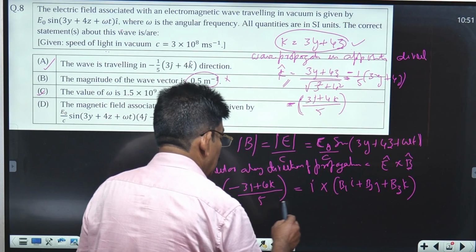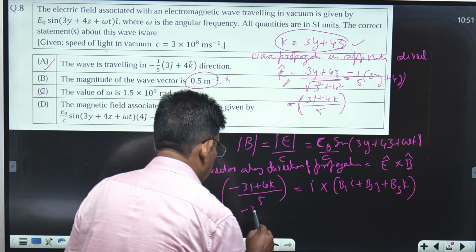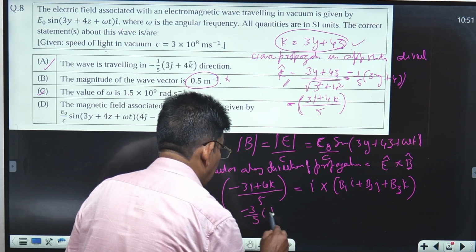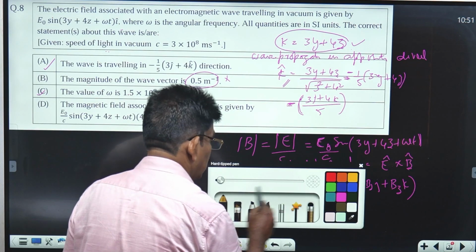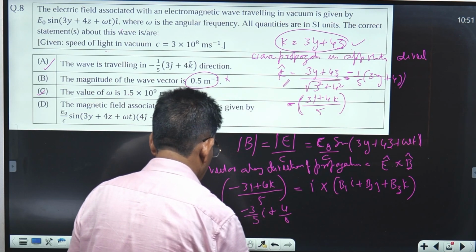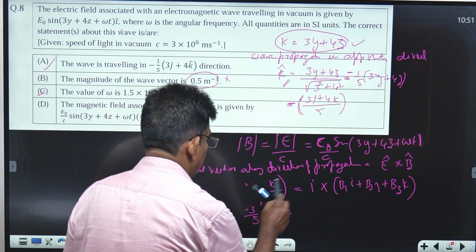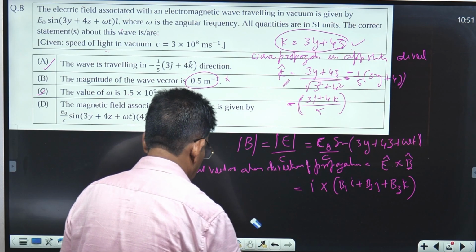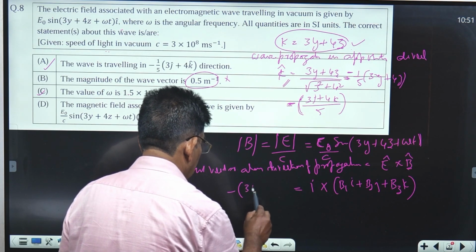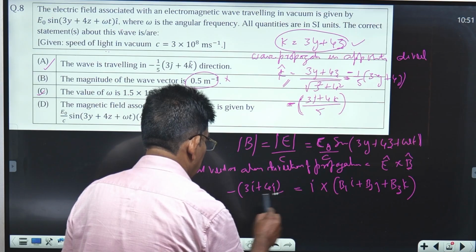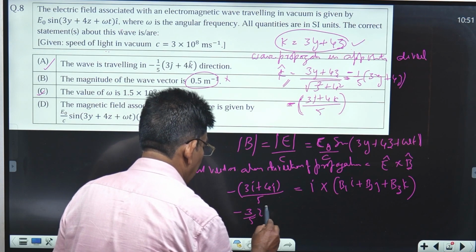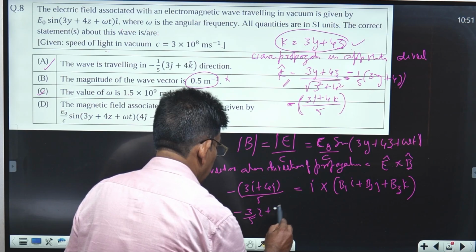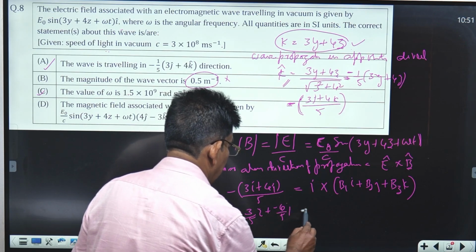Listen, we are getting minus 3 by 5i plus... minus is applicable for both the terms, minus is coming outside the bracket. So minus of (3i plus 4j) by 5, so minus 3 by 5i plus minus 4 by 5j.